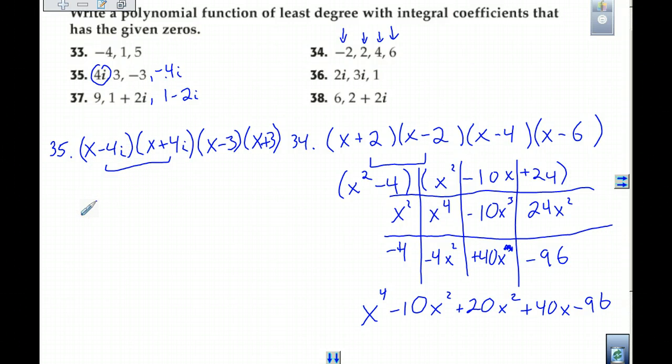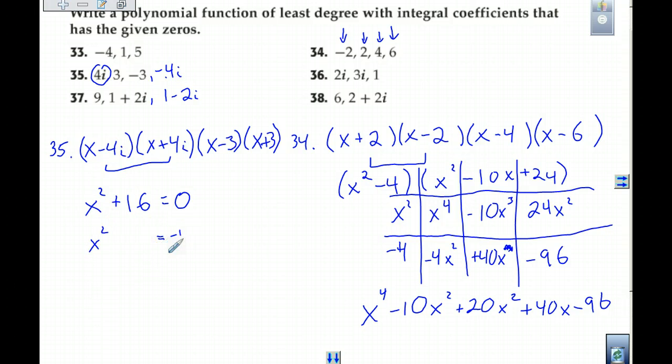So like on this one, you get x squared plus 16, minus, but then the i times i is negative 1. So think of if we were doing this backwards, don't write this down. If this is equal to 0, what would we do?